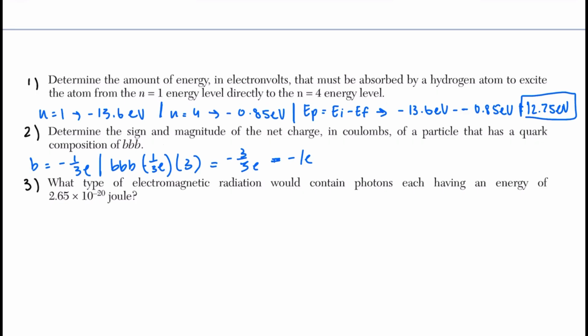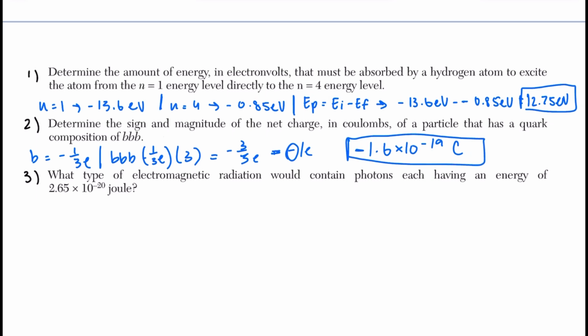Negative 1 electron. It asks us to answer in coulombs, and if you remember, an electron is an elementary particle, so all we need to do is look at the reference table and find the value of the elementary charge, which is 1.6 times 10 to the negative 19th coulomb. But remember, it's negative here, so there's going to be a negative here as well. So that's going to be our answer.